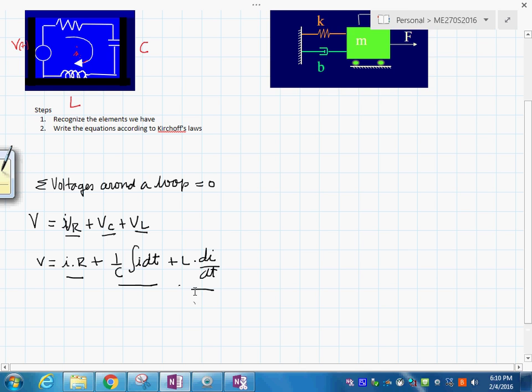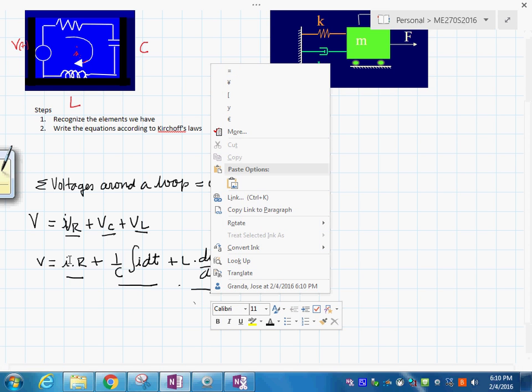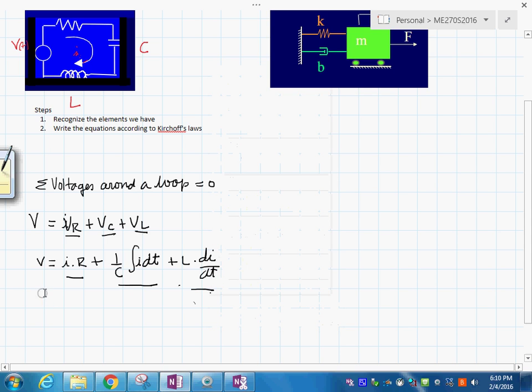So what we need to do is replace the current with its equivalent, dq dt.